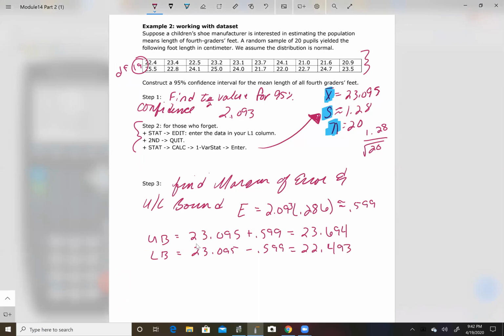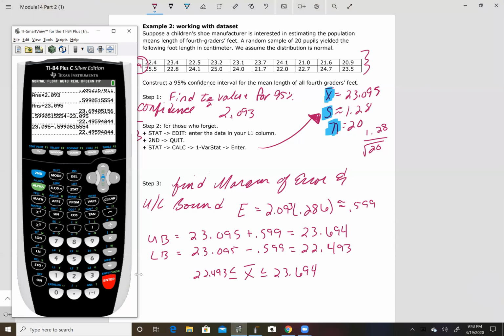So we do not have a huge margin of error here for 95%. We have X bar being in between, greater than or equal to 22.496 and less than or equal to 23.694.